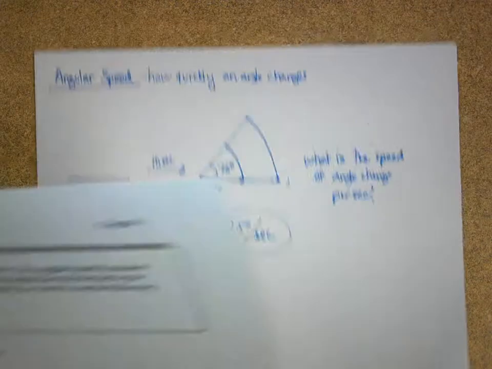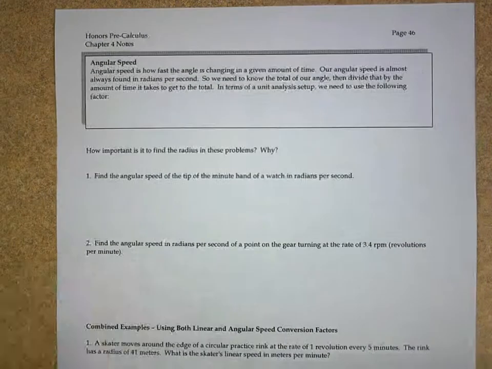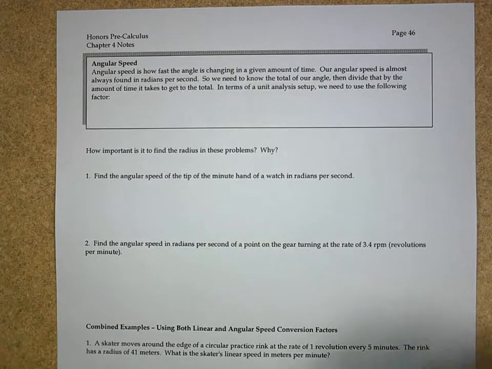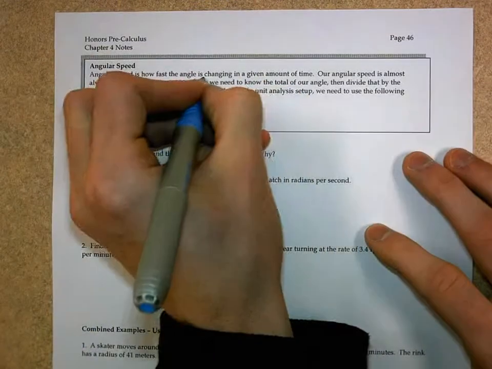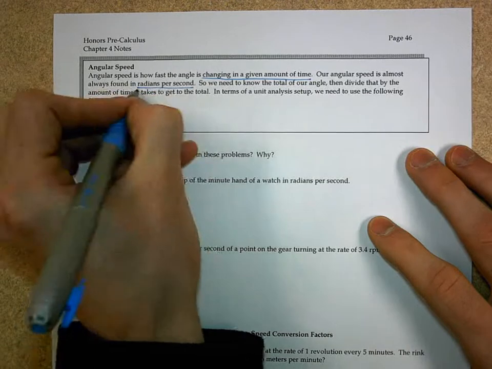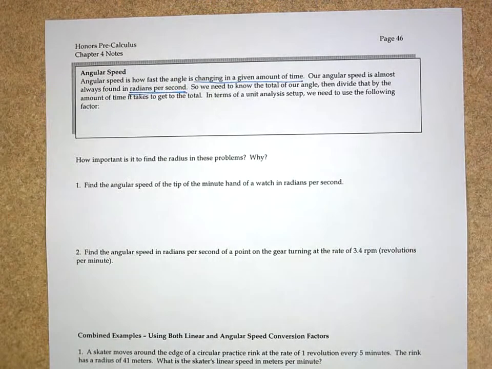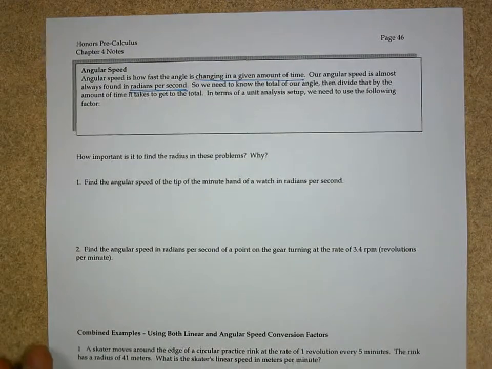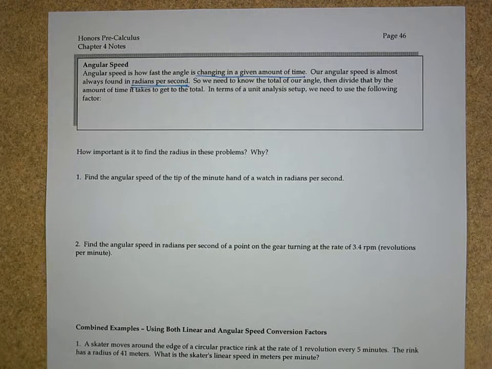So let's look at our notes, and we're going to look at angular speed. Angular speed is how fast an angle is changing in a given amount of time. And it's almost always found in radians per second. So just like we had a special factor for linear speed, we're going to have a special factor for angular speed.